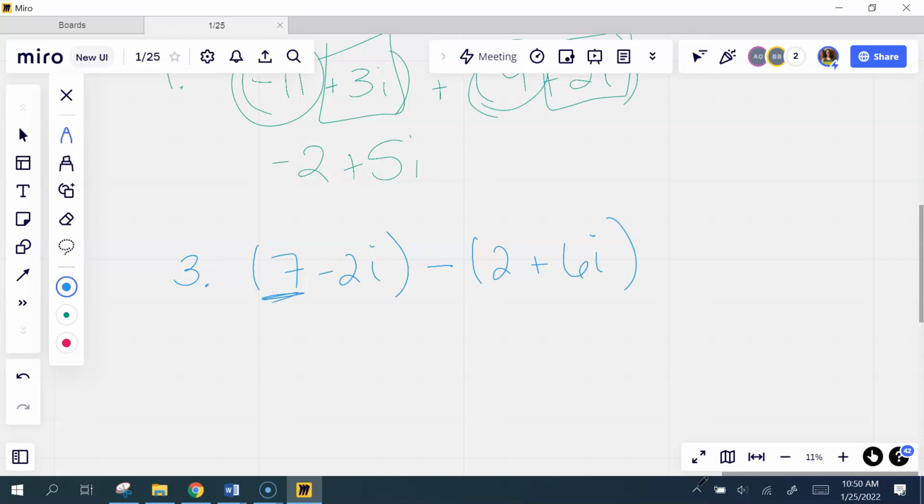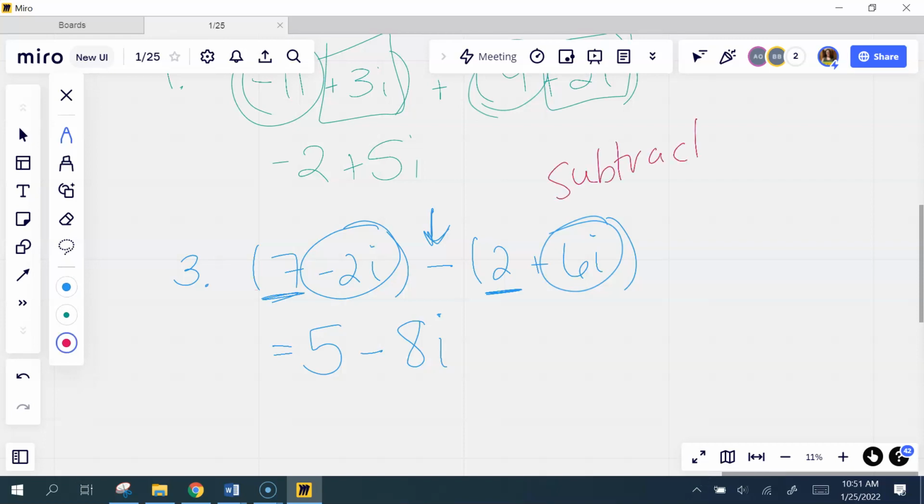So I'm doing 7 minus 2, which is what? 5. And I'm doing negative 2i minus 6i. That's exactly right. Negative 8. That's the hardest part there, is understanding that you're subtracting everything in that parentheses that follows.